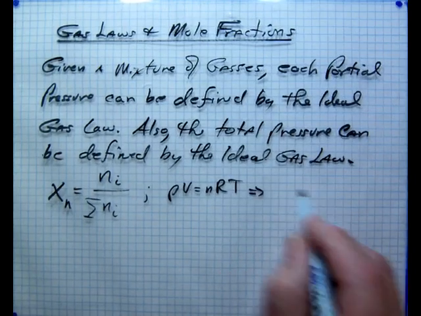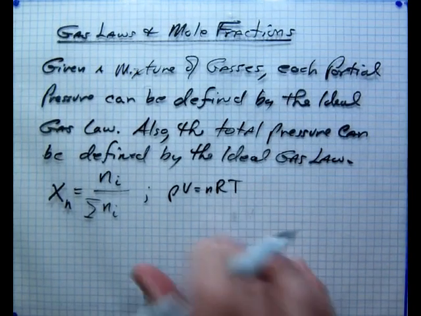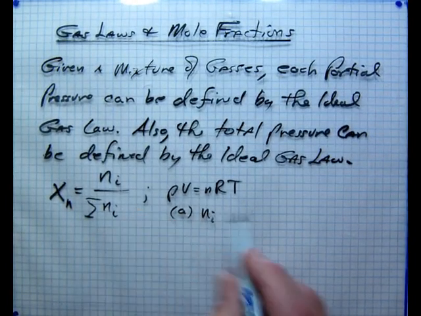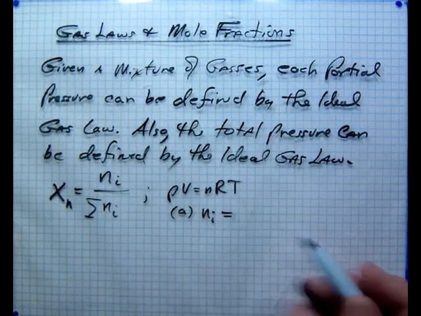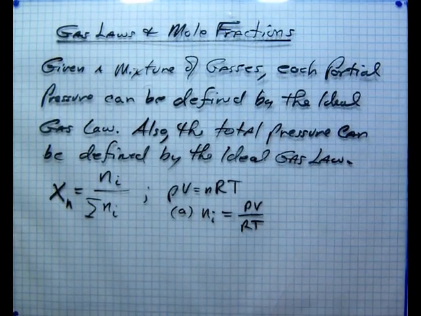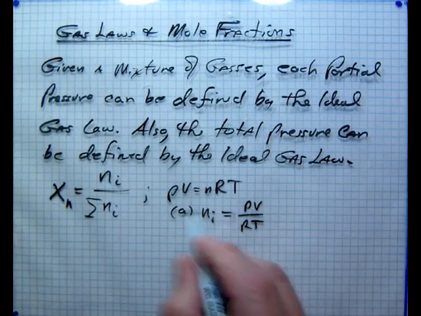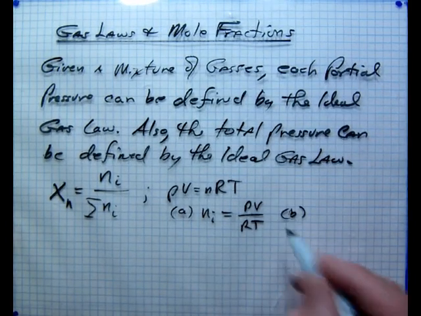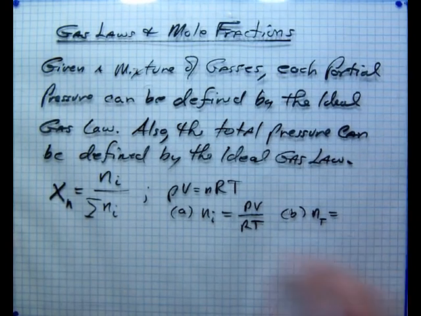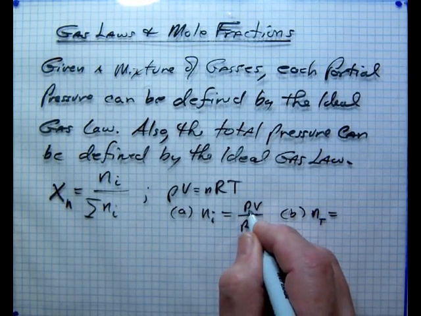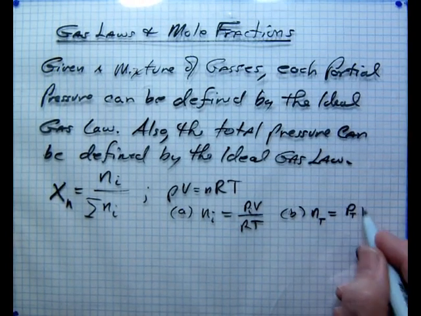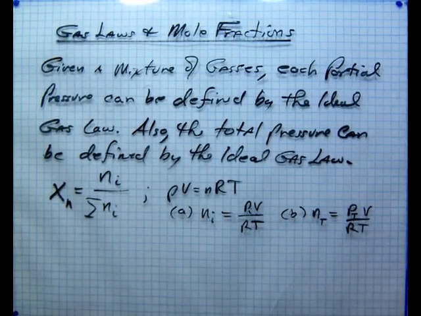So let's do it this way. A, n sub i, the top of this expression, is equal to PV over RT. And B, in total, n total is equal to the total pressure times V over RT.